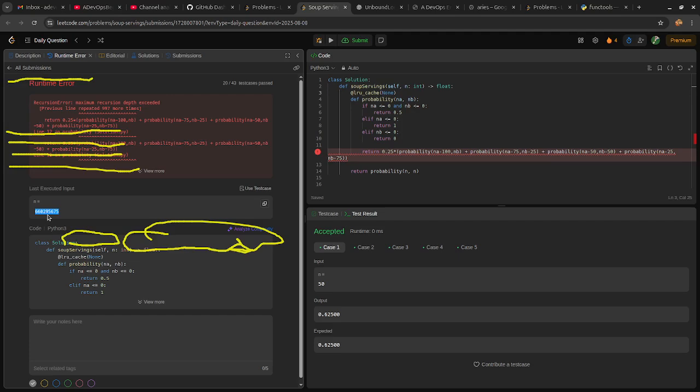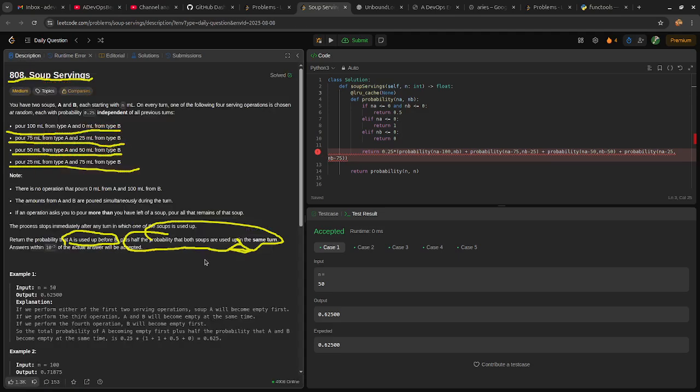We still have problems when there is a big input. But there's one thing we can take into consideration, which is that answers within this range of the actual answer will be accepted.